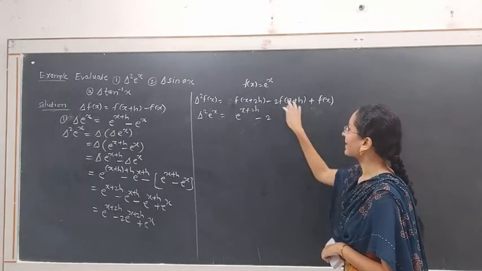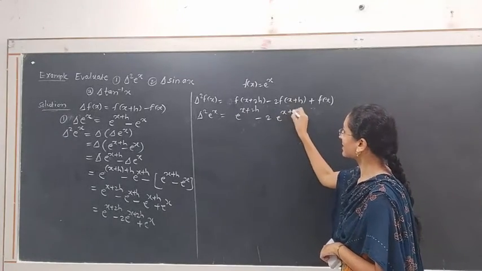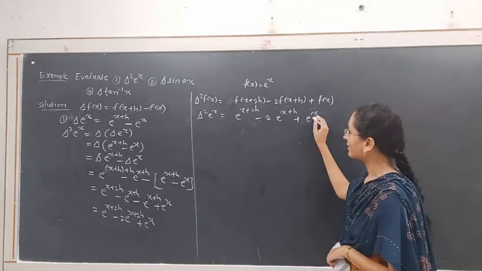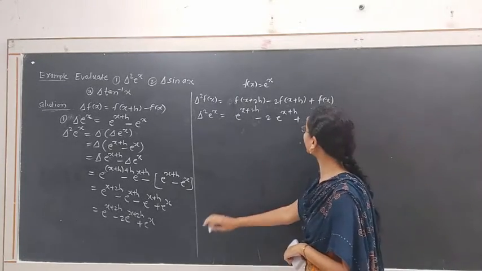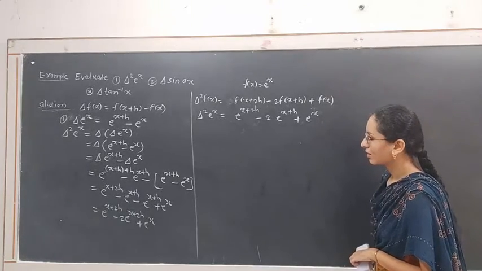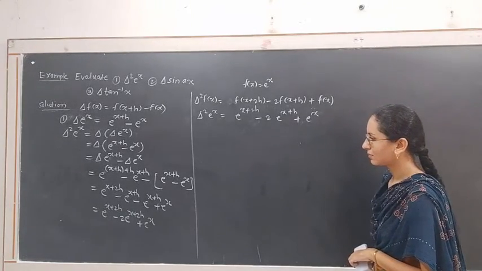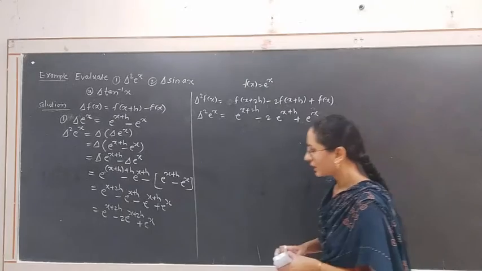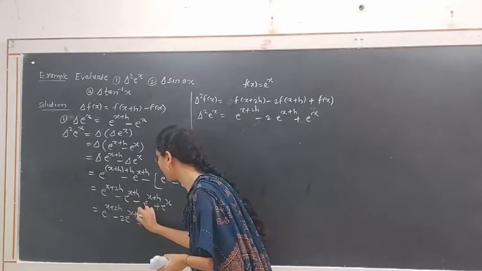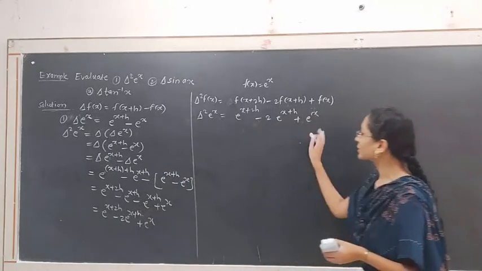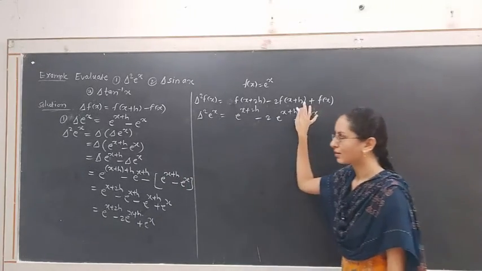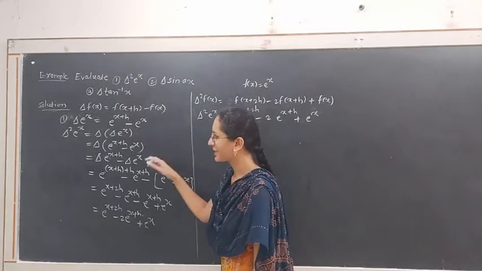Now replace x by x plus h, e raised to x plus h plus e raised to x. This answer is same as this. Here this calculation is f of x plus h. Okay. These two answers are same. Either we use this formula or we can apply del simultaneously.